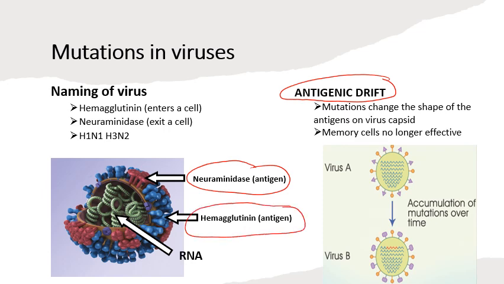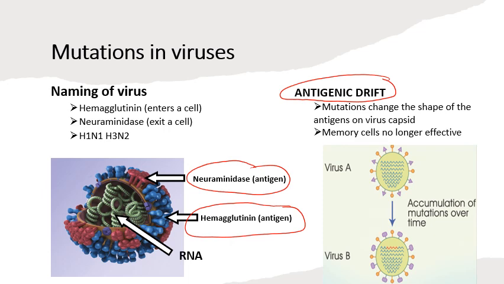If that happens, it means that the new virus particle released from the host cell when it's ready to move on and infect a new cell is going to have different surface antigens. That means that if your body has already created antibodies to the original shaped antigen on the virus particle, those antibodies and memory cells for your B and T cells that would be complementary to that original antigen shape may no longer be complementary to the new shape.